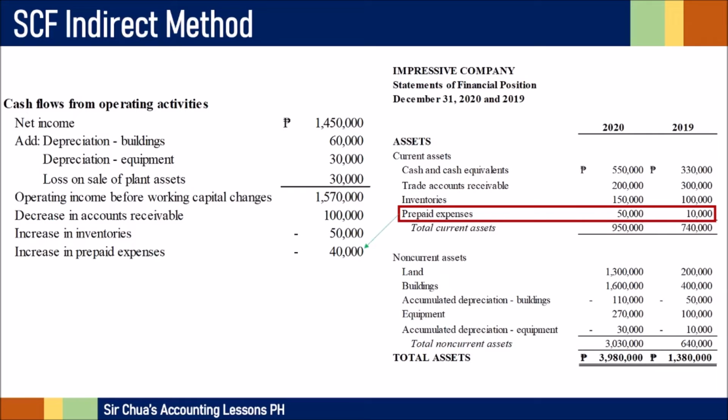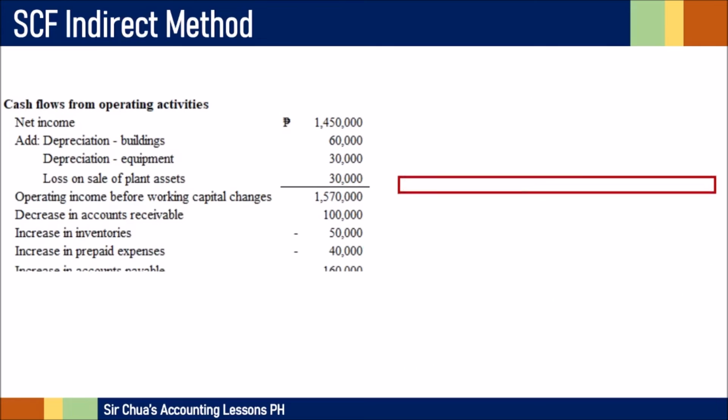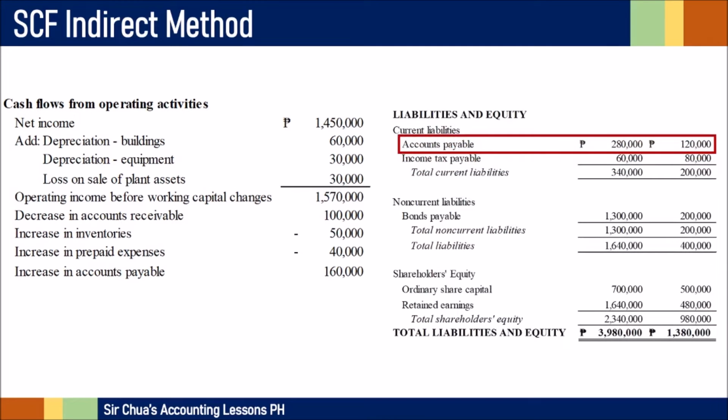Let's proceed now to your current liabilities section. In your current liabilities, you will make your analysis the opposite. So what happened to your accounts payable? It increased. Any increase in accounts payable means that you are holding back cash because you're not yet paying these payables for now.